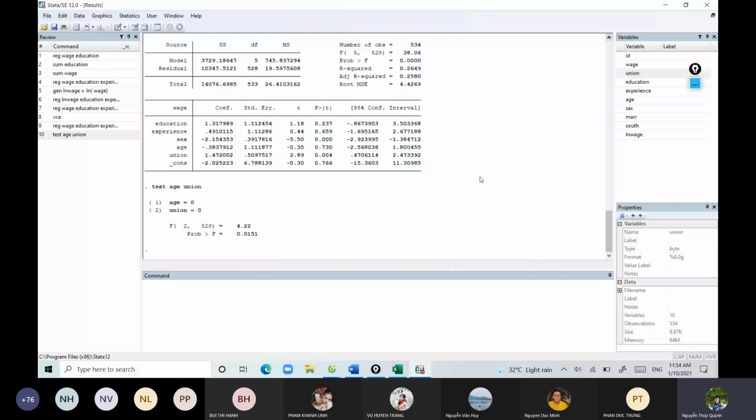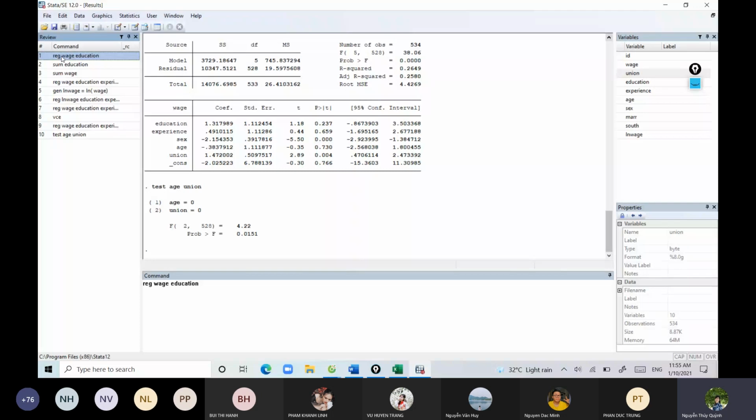I don't want to do that anymore. I want to save all the commands I use here in one file named the do file, so that next time I just have to run the do file and everything will appear in the results window.